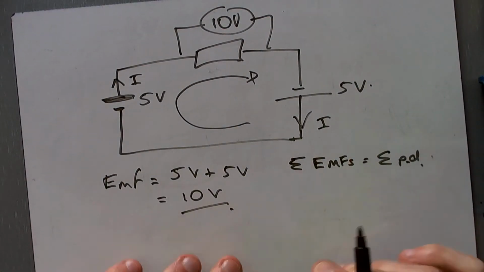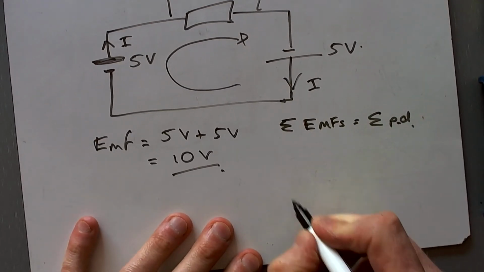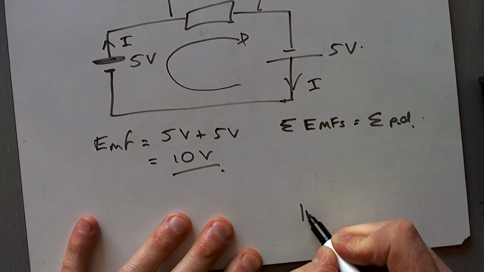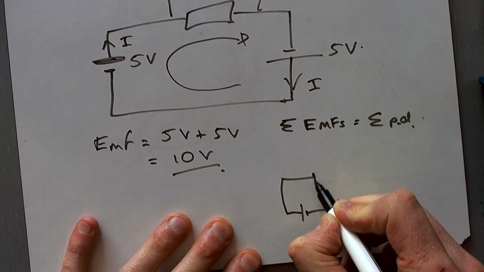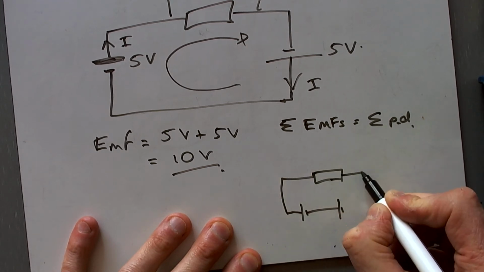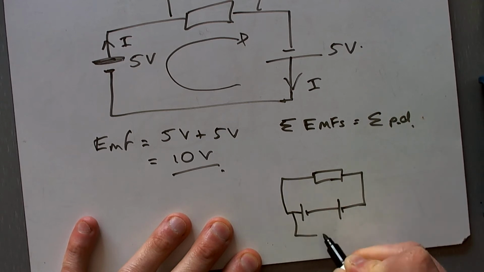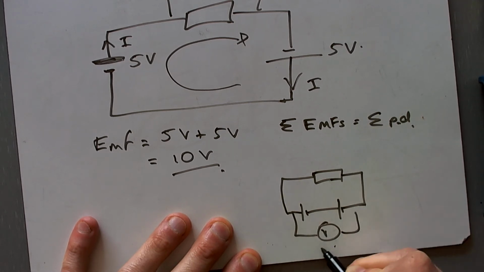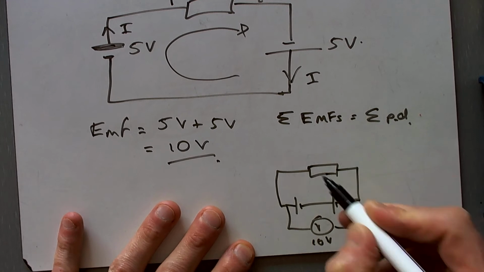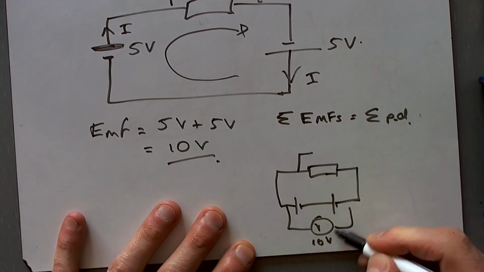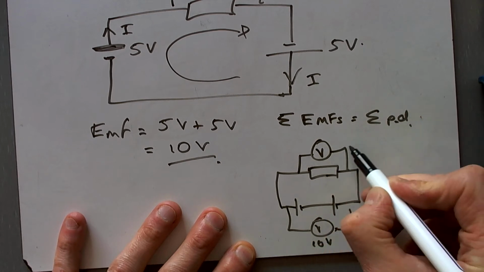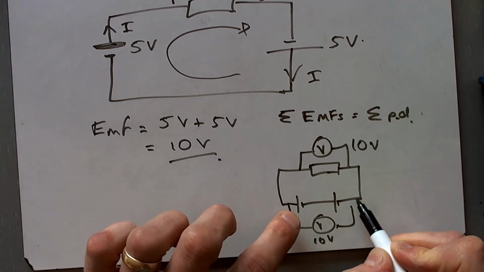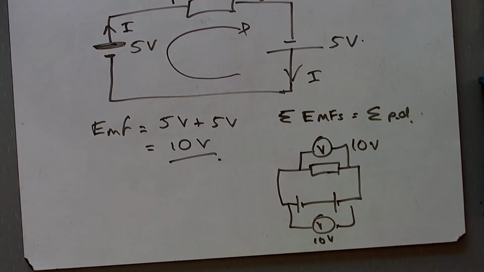So it's the same circuit, but we can also draw it as if you had the batteries connected like that and the resistor there. And so if there's 10 volts across there, just at the bottom, that's our EMF, then we would have a PD of 10 volts there, because those two things are in parallel.